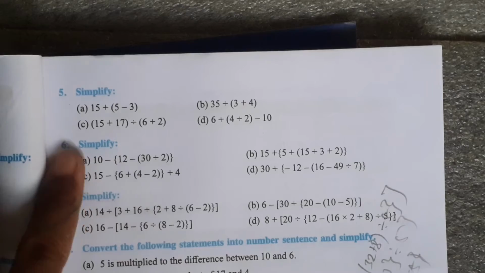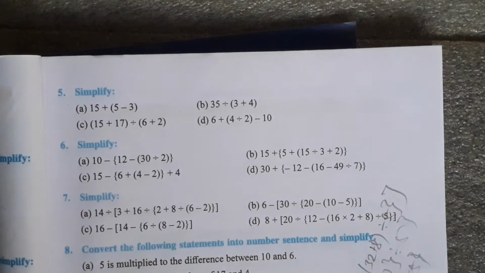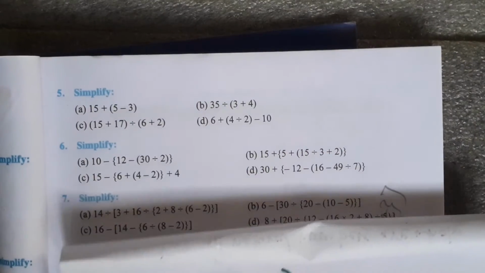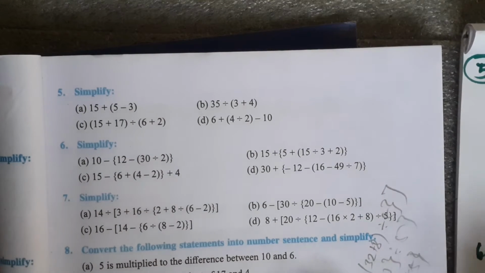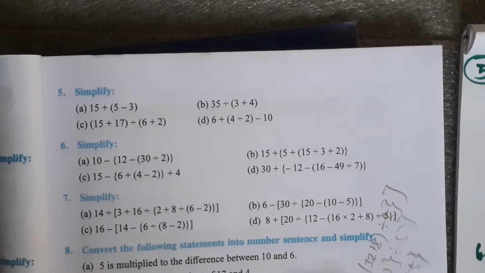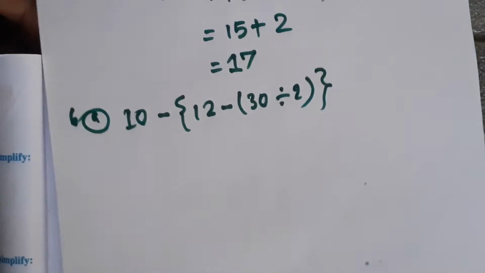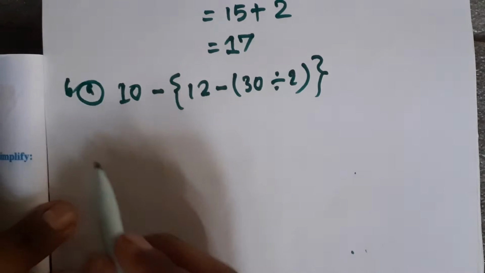Now question number 6A I'll do, and the remaining you should do yourself. Look at the question 6A: 10 minus curly bracket 12 minus (30 divided by 2) small bracket close, curly bracket close. This is the question of 6A.